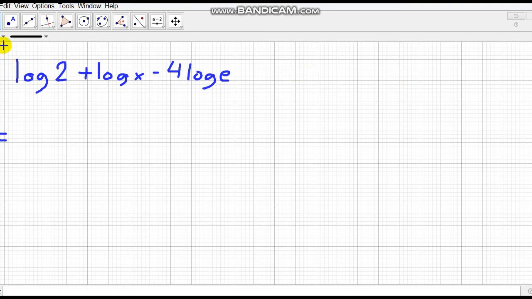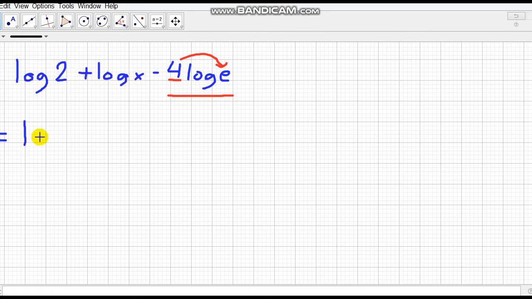As we can see here, we have a term for logarithm of e. It has a coefficient of 4, so we can apply the logarithm of a power here. We can take the 4 and put it as an exponent of the argument. We will not touch the logarithm of 2 plus logarithm of x yet.